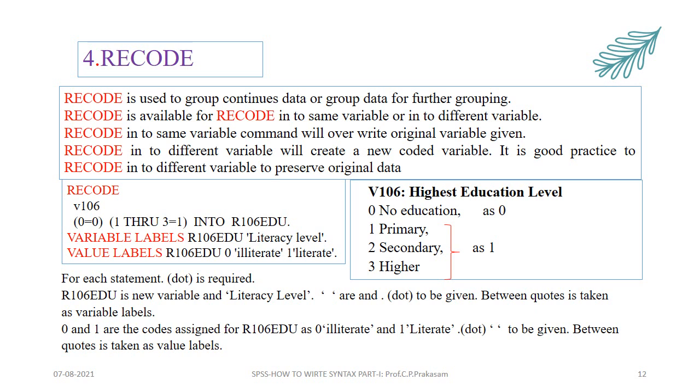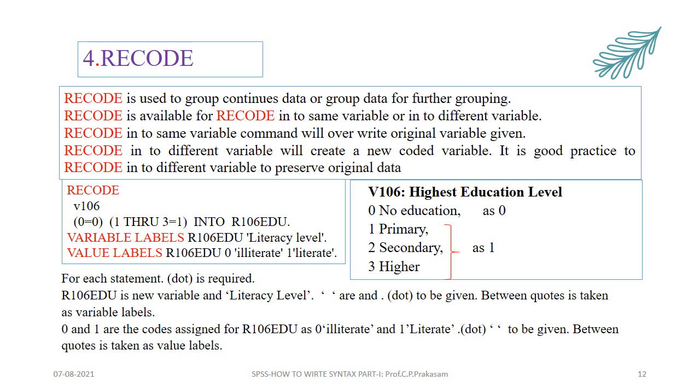Recode is available to recode into the same variable or into a different variable. Recoding into the same variable will overwrite the original variable data, and your original variable data will disappear when it is replaced. Recoding into a different variable creates a new variable with the coded values. Therefore, it is good practice to recode into a different variable to preserve the original data.